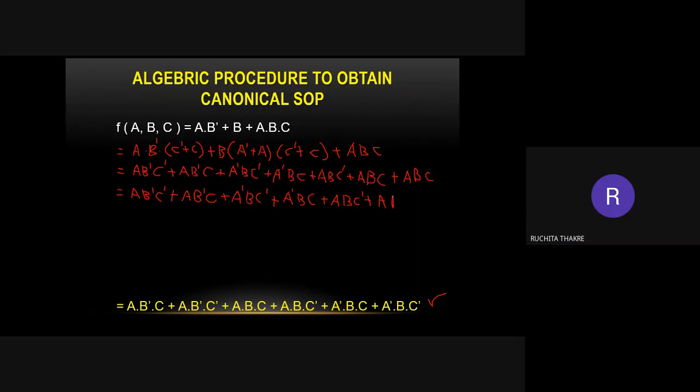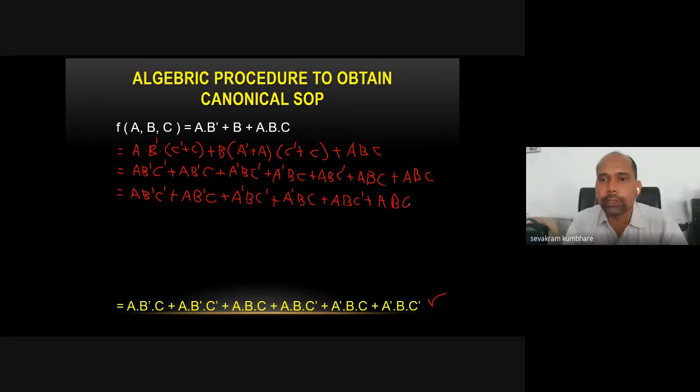So if you observe, this is the canonical SOP of the given expression. So AB bar C bar, it's there. AB bar C, A bar BC bar, A bar BC, ABC bar, ABC. It means whatever we got is correct.